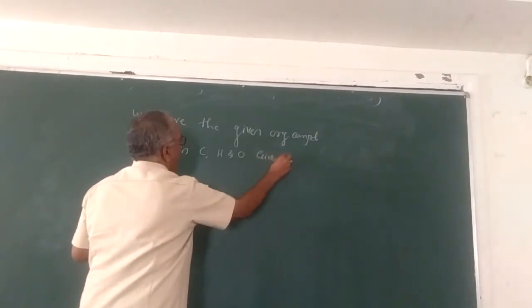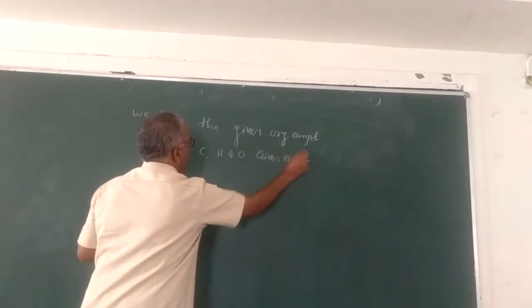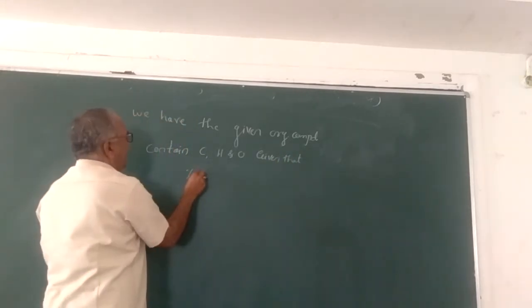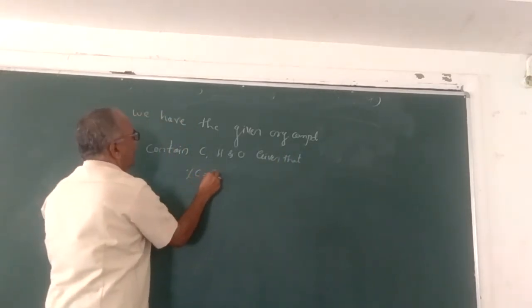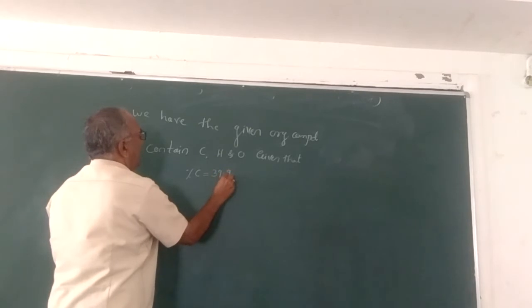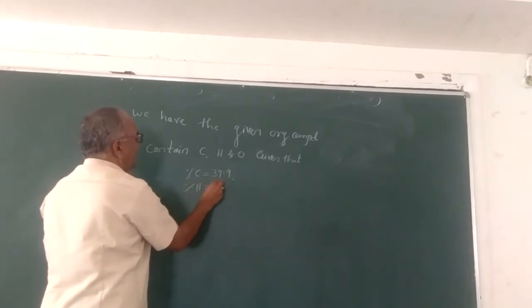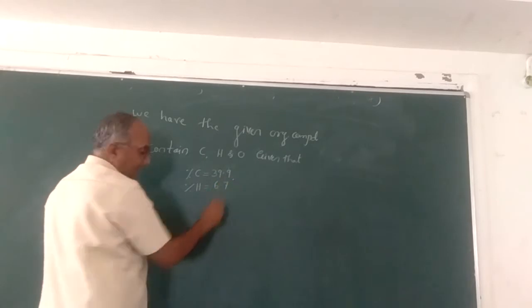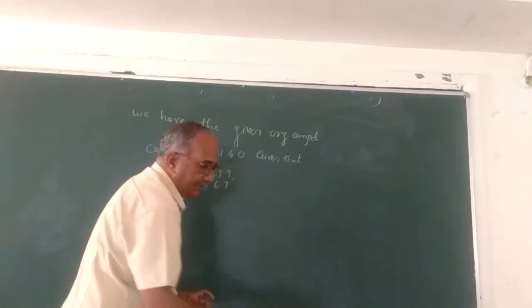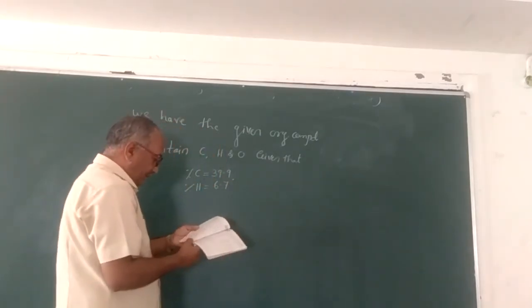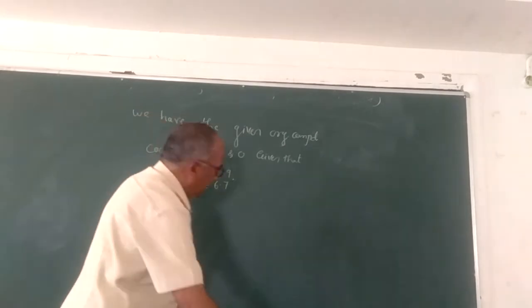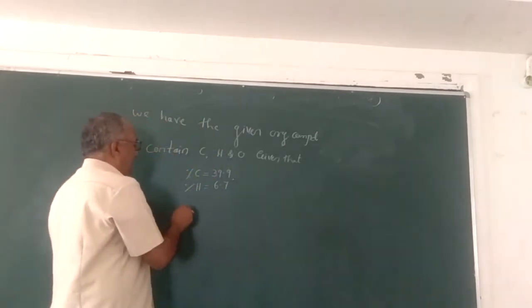Given that percentage of carbon is equal to 39.9, percentage of hydrogen is 6.7%, that is 6.7%. And then rest is oxygen.